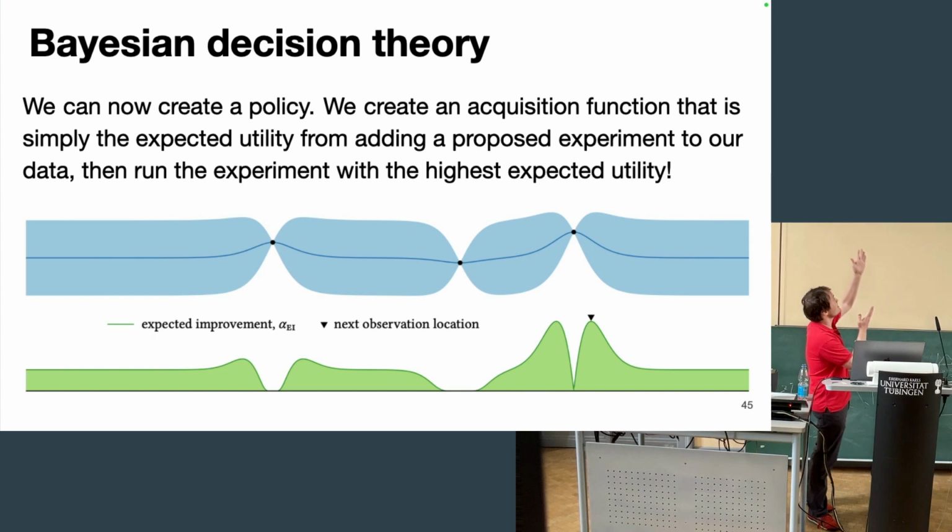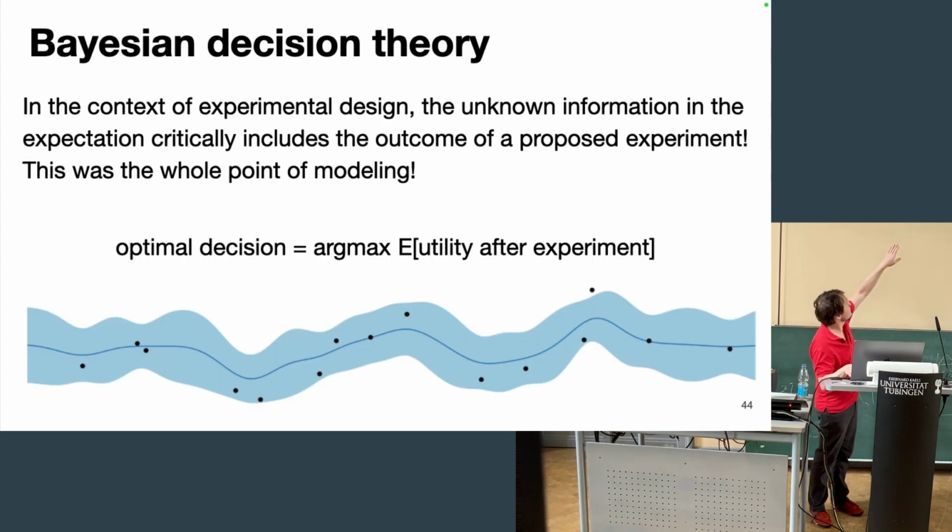This is the second time that we're seeing the same acquisition function, but now we have a new understanding of how this acquisition function is constructed. This green curve was constructed by computing this expected utility for a particular utility function. And now, when I'm maximizing that acquisition function to design an experiment, I'm taking this argmax of the expected utility over the design space.